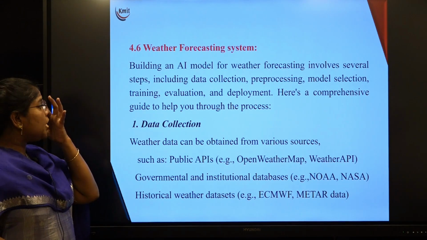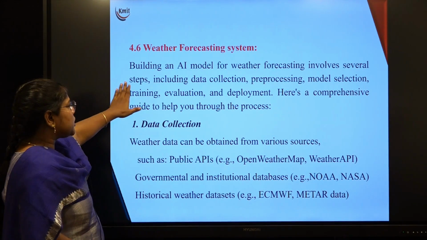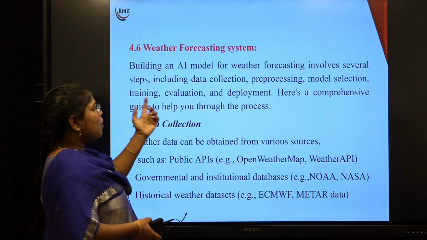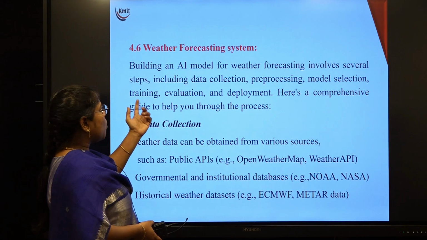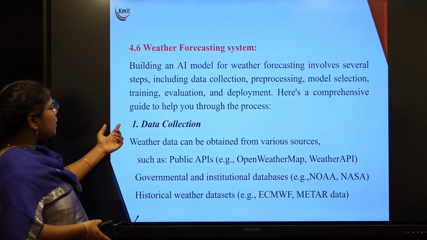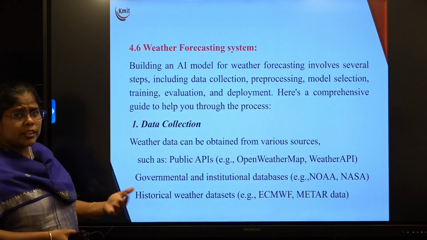Building an AI model for weather forecasting involves the steps including data collection, pre-processing, model selection, model training, evaluation and deployment. So what type of data is needed, and where do we collect it?